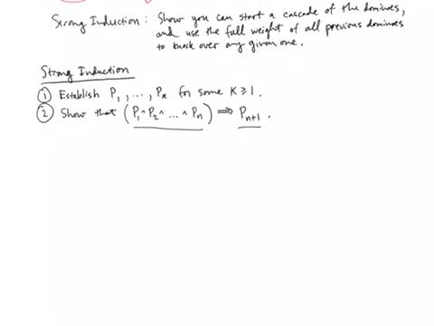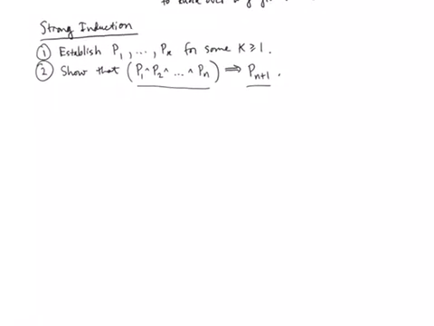So let's look at a proposition that uses strong induction. So if n is a natural number, then 12 divides n to the 4th minus n squared. So n to the 4th minus n squared is always divisible by 12.